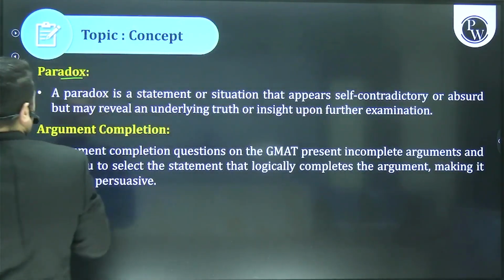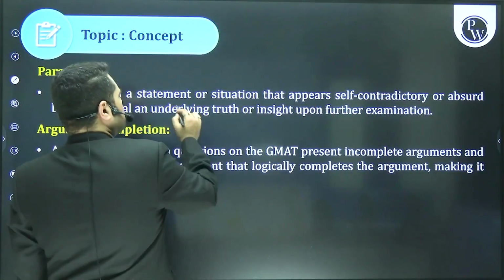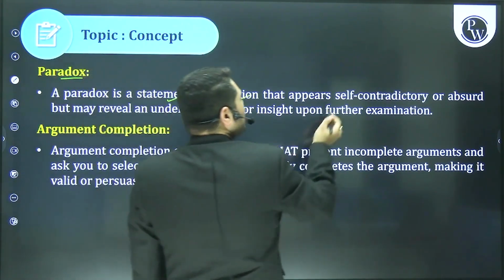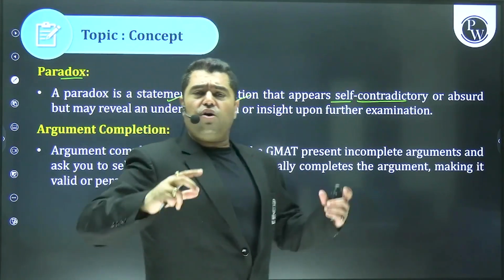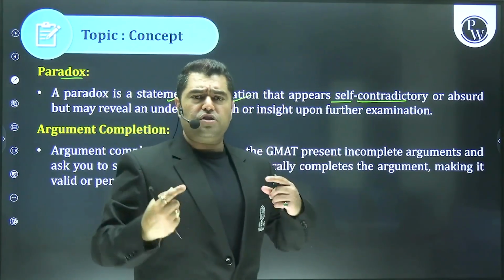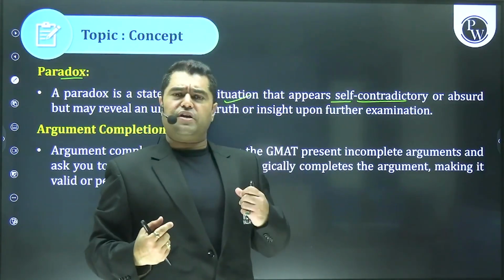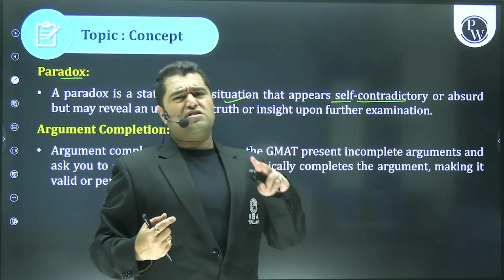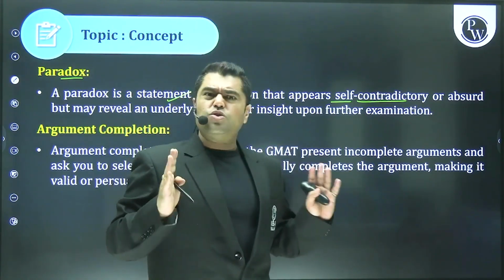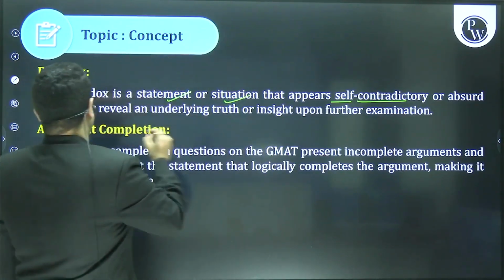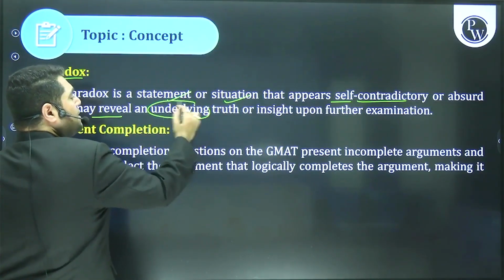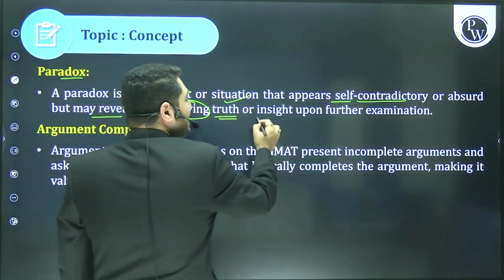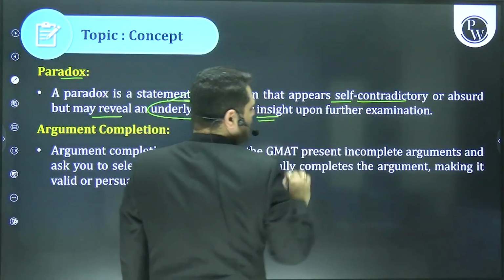Chalo. Paradox क्या होता है? Like I said, paradox, statement, situation that appears self-contradictory. Self-contradictory. Author will present to you 2 opposite things. Author loves India, author hates India. Author likes monsoons, author thinks monsoons are bad. कुछ तो झोल है, ठीक है? What is the problem? Or absurd, but may reveal an underlying truth or an insight upon further examination.